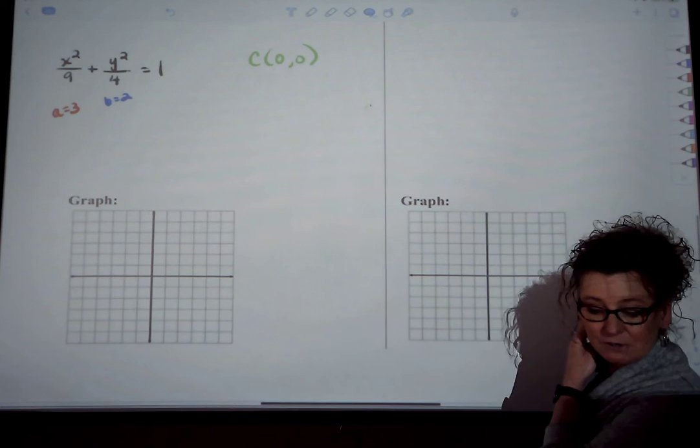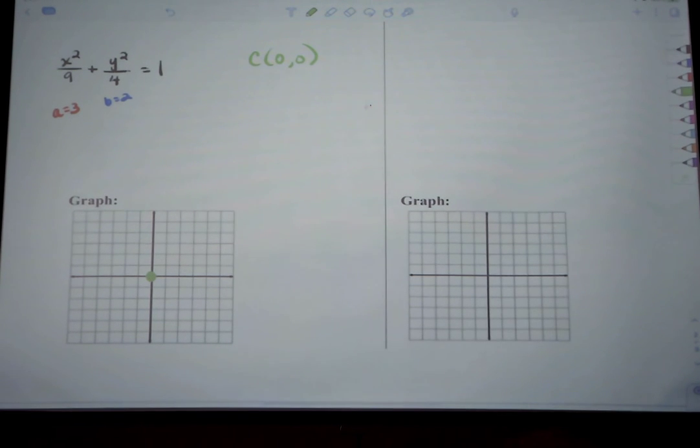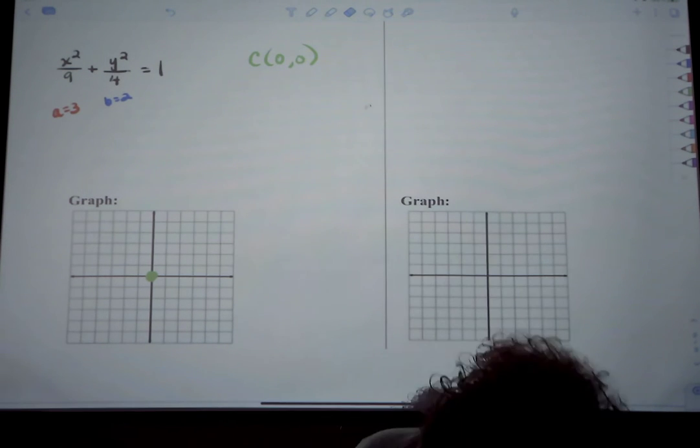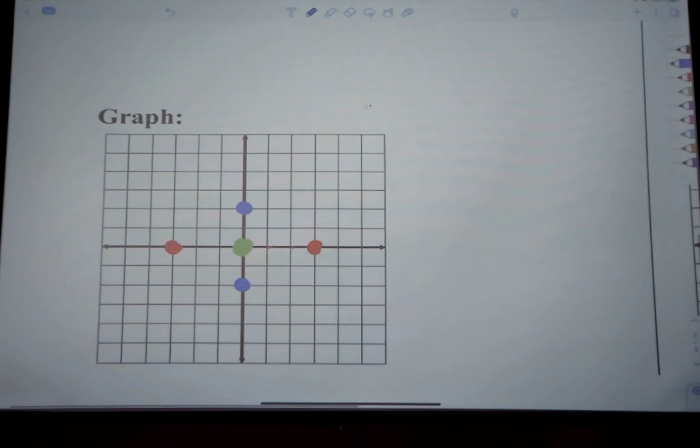Okay, I'm going to go down here and plot everything that I know. Center. It's stretchy on the x, so 1, 2, 3. 1, 2, 3. B is 2. Right, that's what my ellipse looks like.